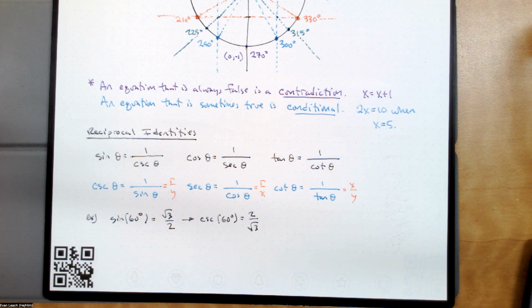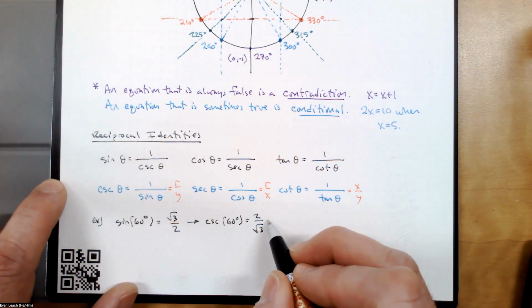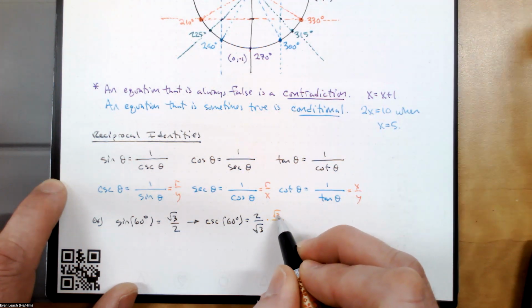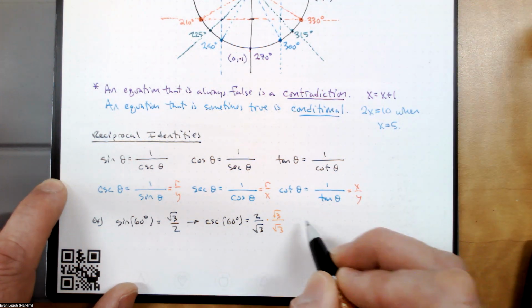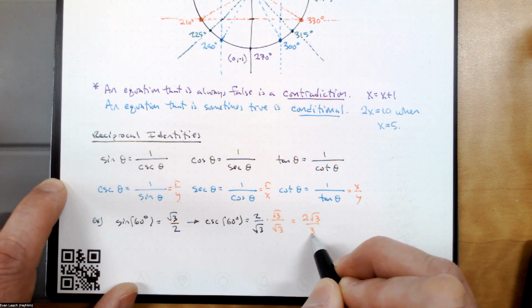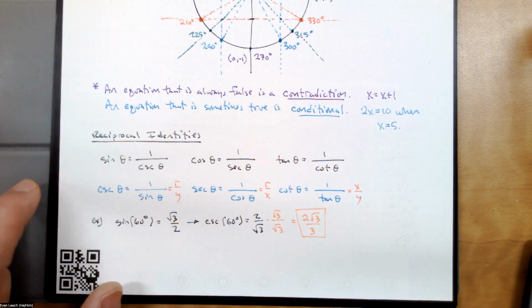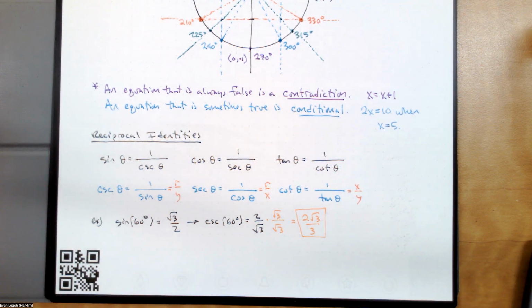We might want to rationalize this, say if we're doing homework on Canvas or something, so we're going to multiply by root 3 over root 3, and write this as 2 times the square root of 3 over 3. Reciprocal means flip the fraction over.